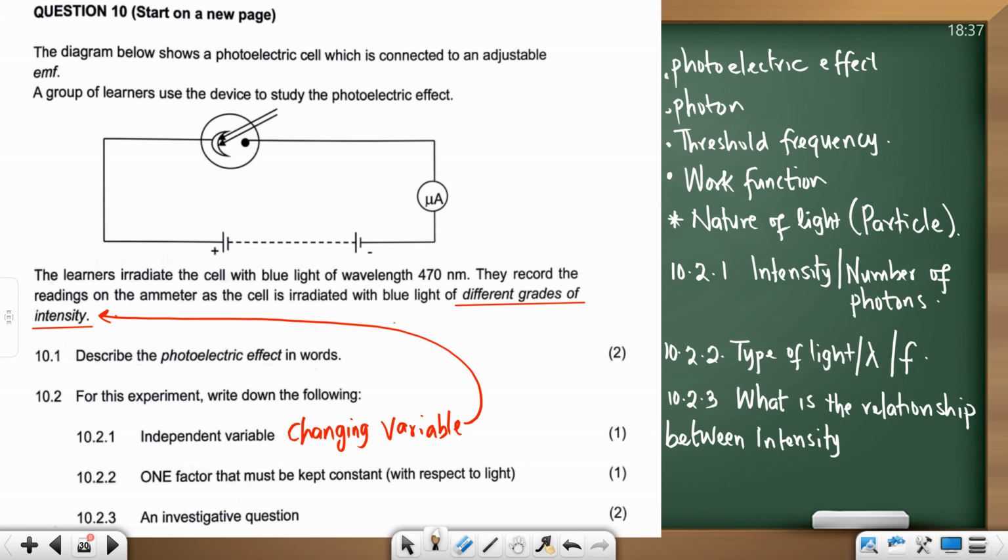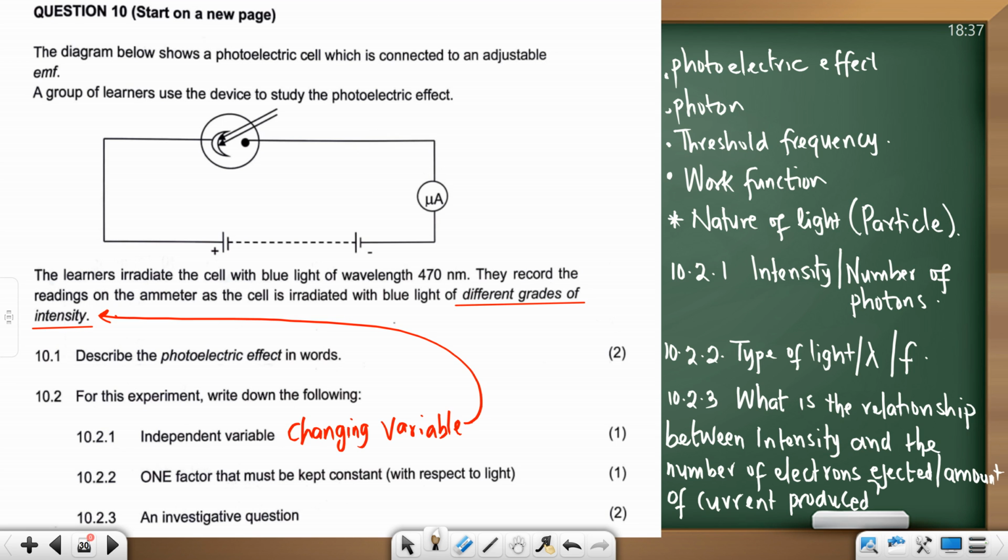Right, lovely. So what is the relationship between the intensity and the number of electrons ejected, or you can say the amount of current produced? Please put a question mark.